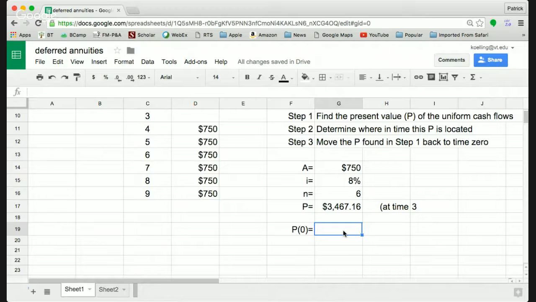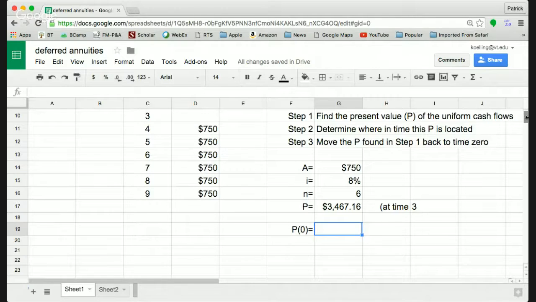Well, we have one value now. We can essentially forget about the $750. It's gone. It's been converted into this one single cash flow at the end of year 3, and we need to move that cash flow at the end of year 3 back to the end of year 0, back to the present. That is back 3 years.